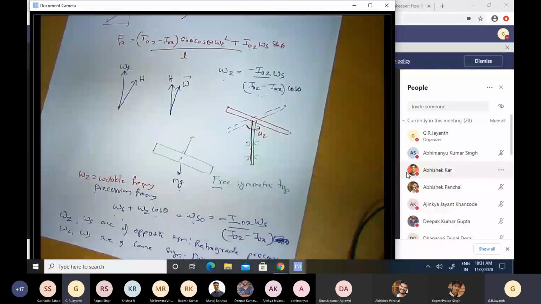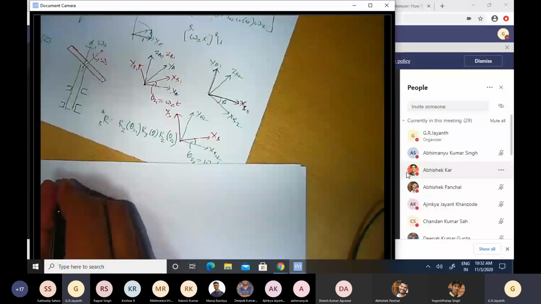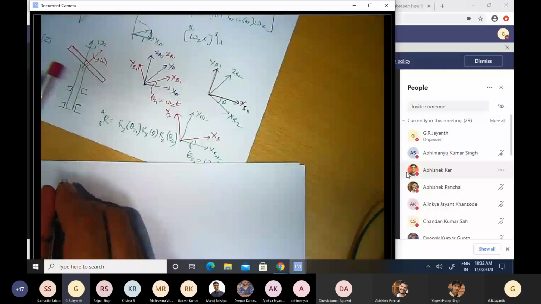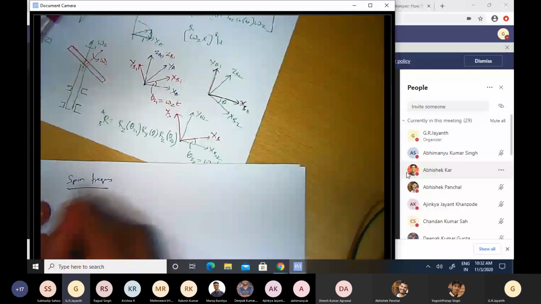Okay, so for the case of the top, we notice that the spin frequency by wobble frequency, if you simply substitute from the expressions, you get it to be 1/2 cos theta.